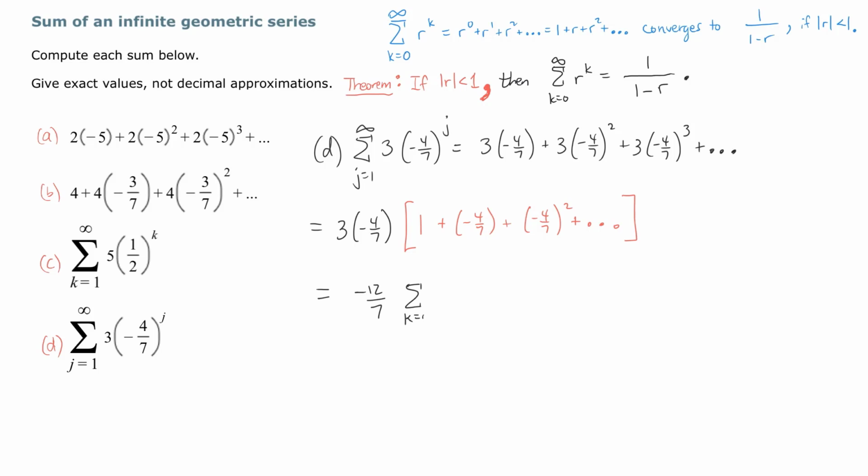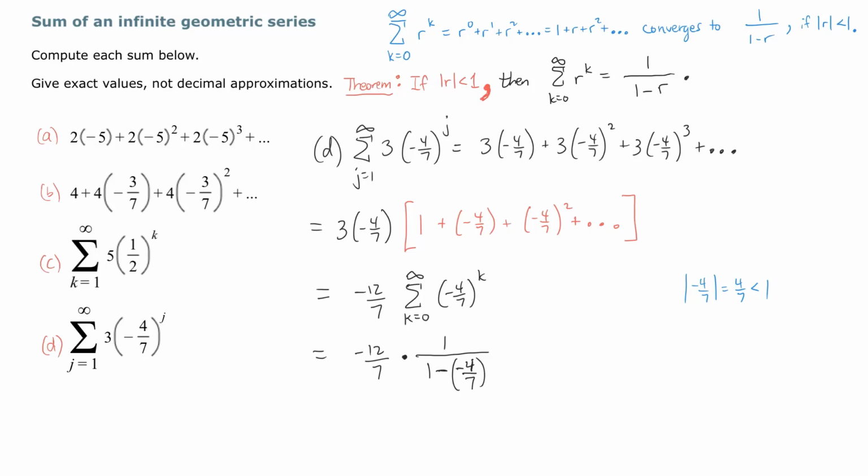I'm going to use k equals 0 to infinity. The common ratio is negative 4/7 raised to the k. We know this sum is going to exist because the absolute value of negative 4/7 is 4/7, which is less than 1. So knowing that, we could just keep writing to find the sum. And I'm sure you could take it from here.